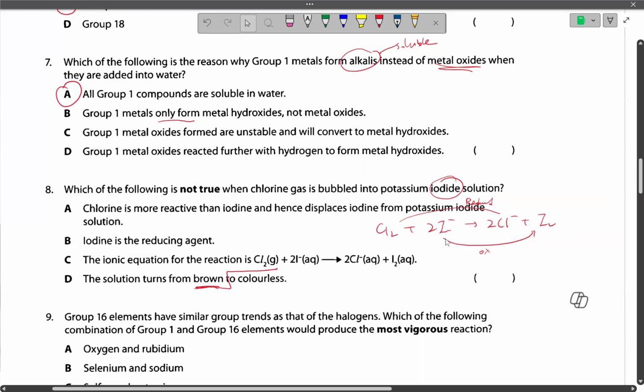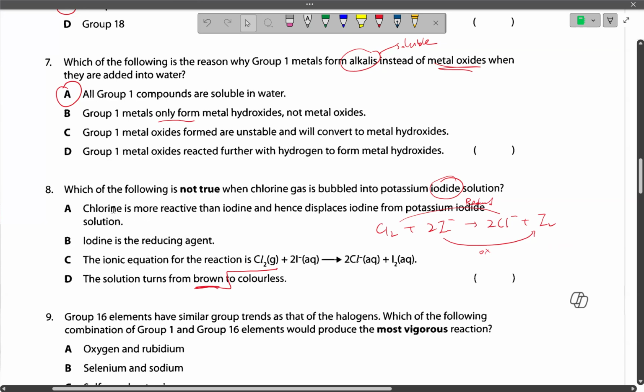So iodide is the reducing agent, which is true because it's oxidized. It reduces chlorine to chloride. So B is correct. This is the only equation that's correct. Chlorine is more reactive and displaces iodine from potassium iodide.